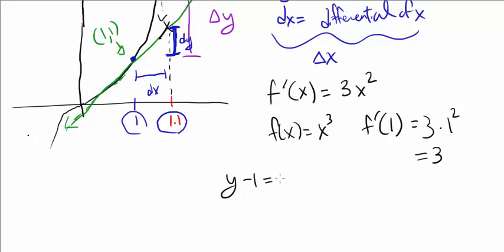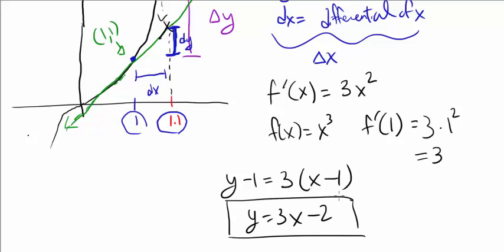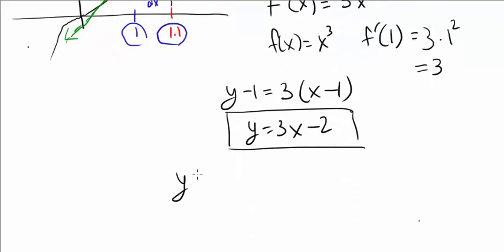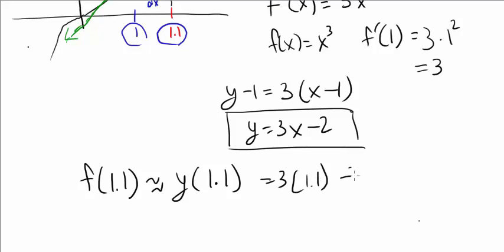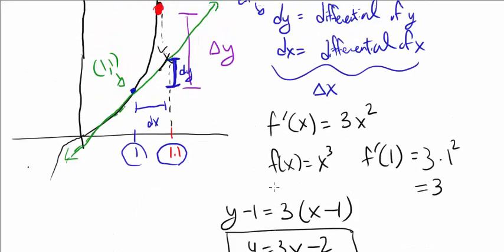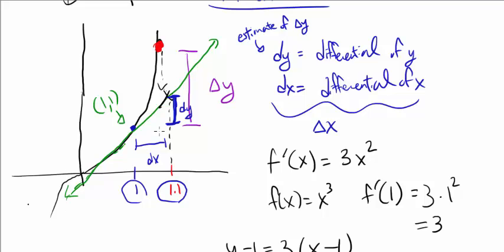So we know the equation of the tangent line is y minus 1 equals 3 times (x minus 1), or y equals 3x minus 2. So using this equation of the tangent line, we can approximate our function value at 1.1, which is going to be 3 times 1.1 minus 2, or 3.3 minus 2, or 1.3. So that's the estimate we are getting by using this equation of the tangent line.